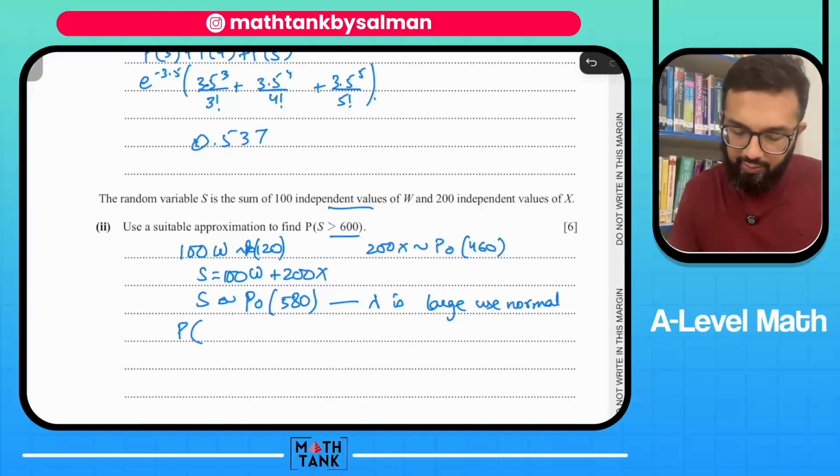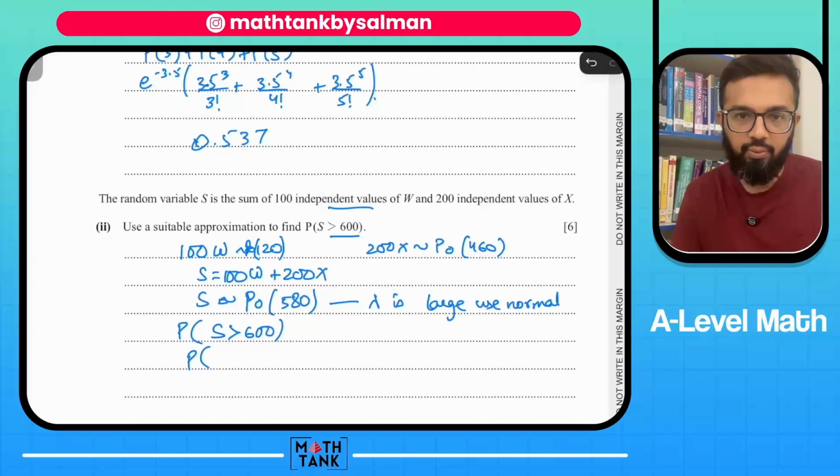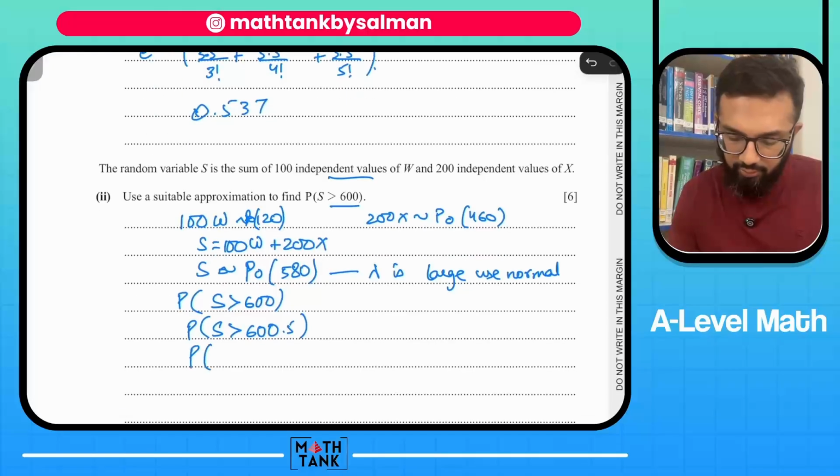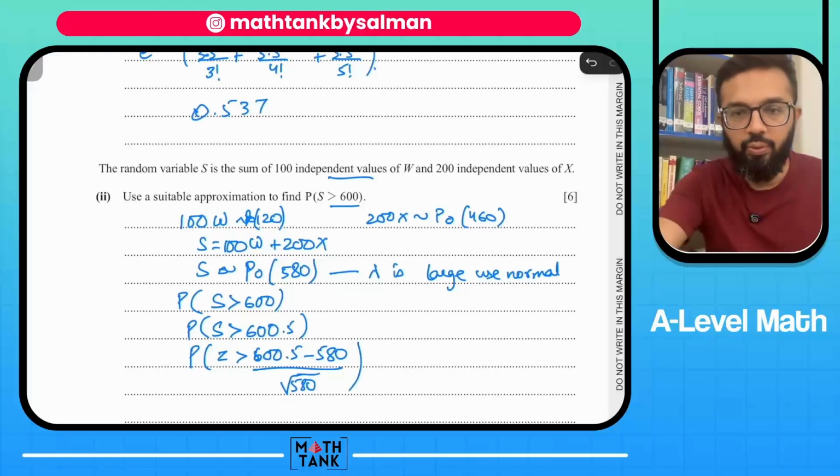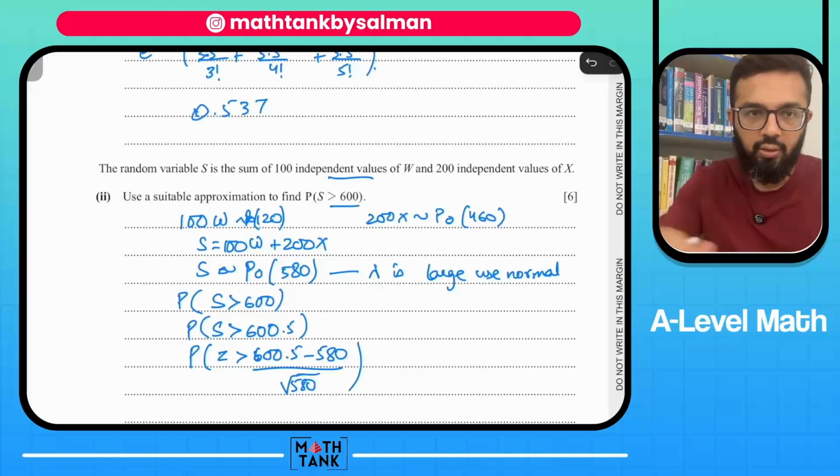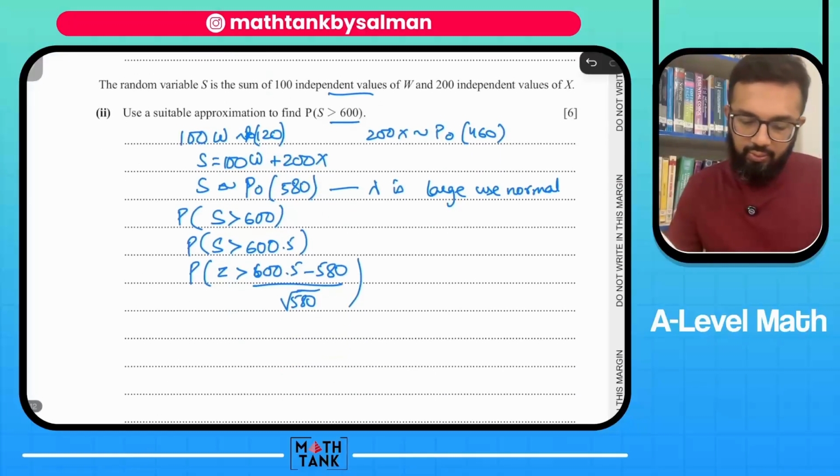Probability of S greater than 600. First, I'm going to do a continuity correction. So I will have S greater than 600.5. Probability of Z greater than 600.5 minus 580 over root of 580. Okay, those should be the values that you're working with. Let's see what we get.